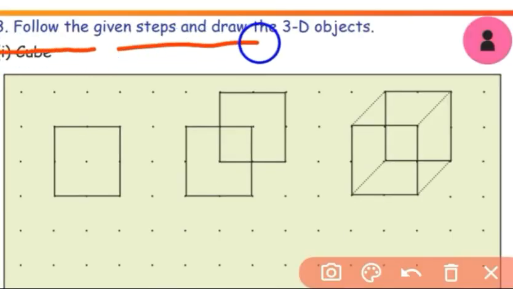Follow the given steps and draw the 3D objects. See cube. Similarly, you should draw below.